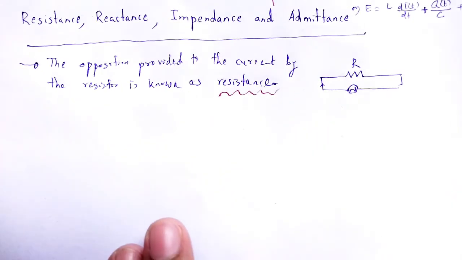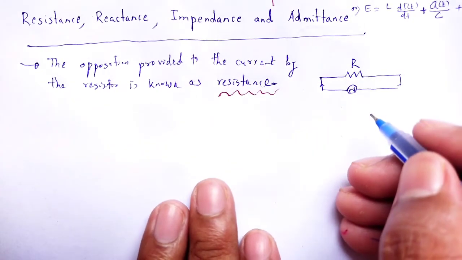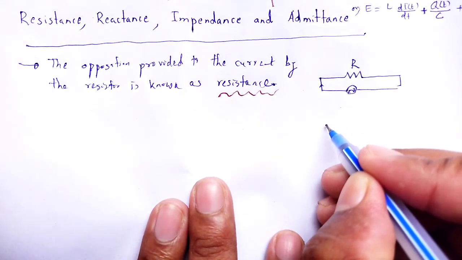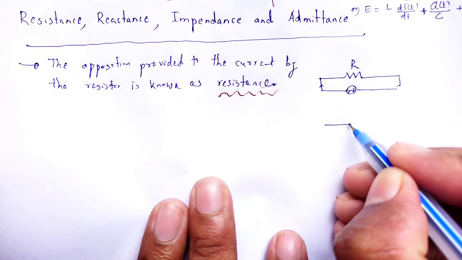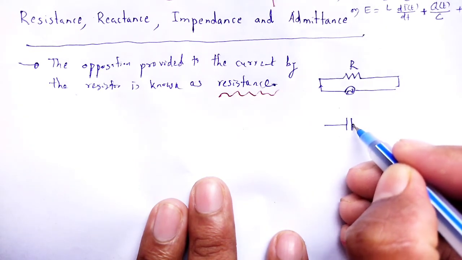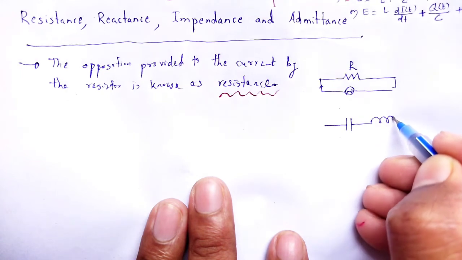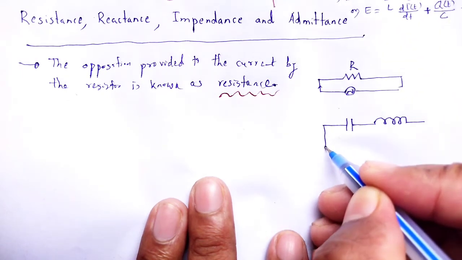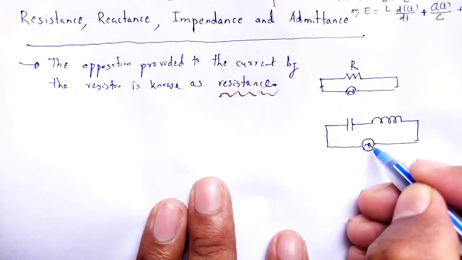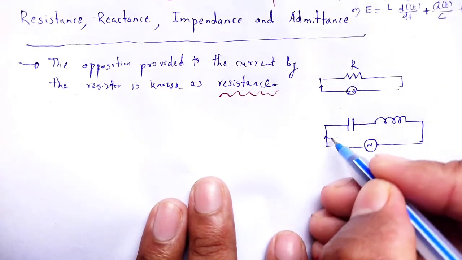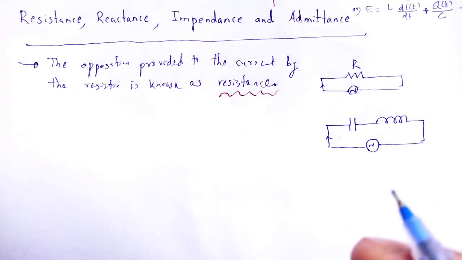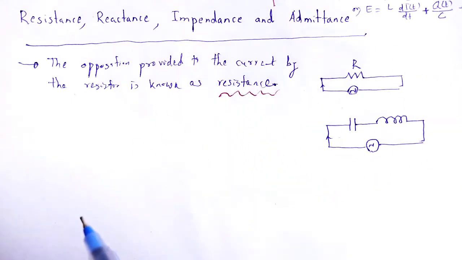Same thing, when a capacitor and inductor are connected to an AC circuit, it provides an opposition to the current, and that opposition is known as the reactance.